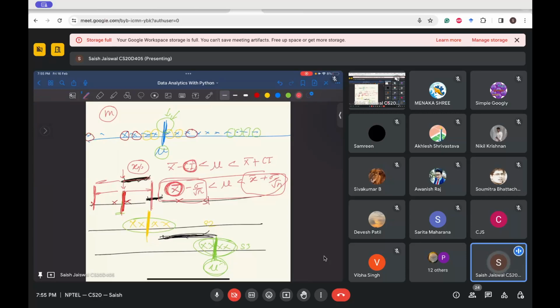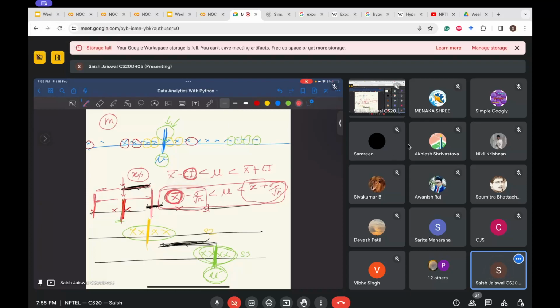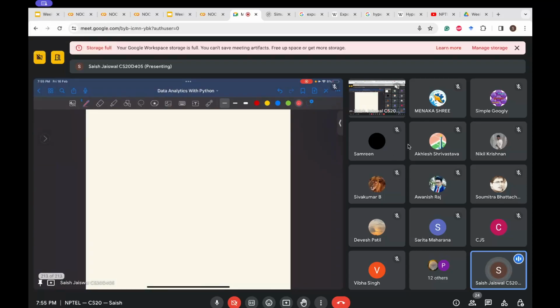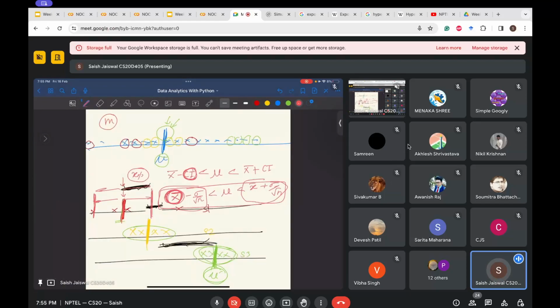So this was all about the point estimate and confidence interval. Let me stop it over here. Okay. Again, this was one mean, this particular thing was one point estimate, this again a point estimate, and so on.